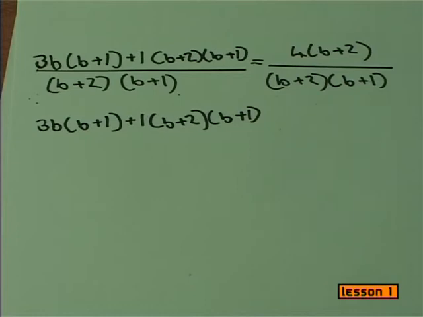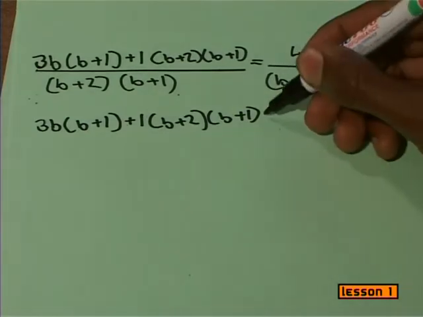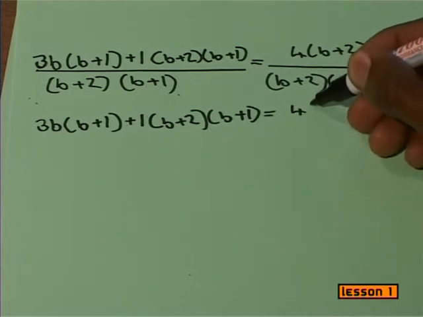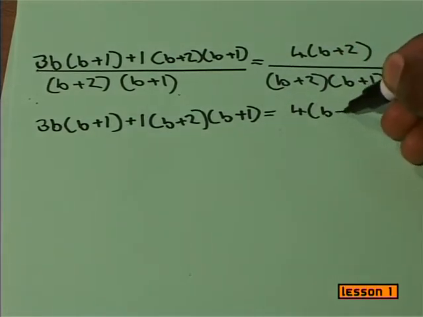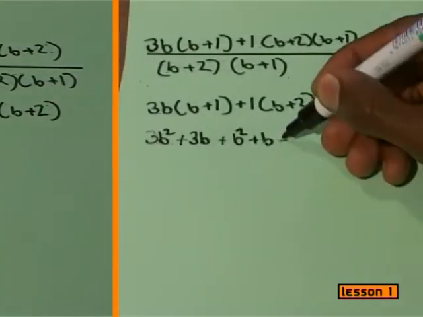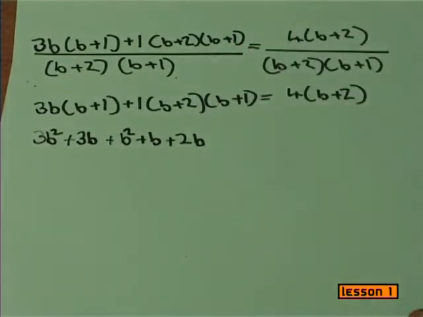Now, we can do anything to an equation as long as we do it to both sides. So, if I multiply both sides by the denominators, they will cancel out, leaving me with the numerators on both sides. All I need to do now is multiply out the brackets.